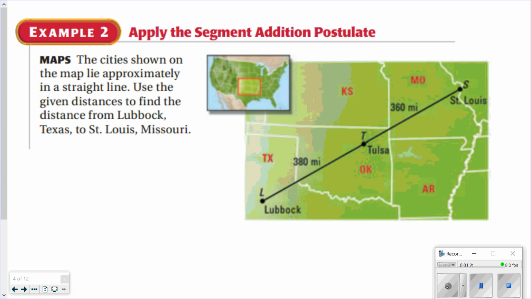For example 2, we're going to apply the segment addition postulate. The cities shown on the map lie approximately in a straight line. Use the given distance to find the distance from Lubbock, Texas to St. Louis, Missouri. So we see that our entire distance would be from endpoint L to endpoint S. I need to figure out what is the distance.